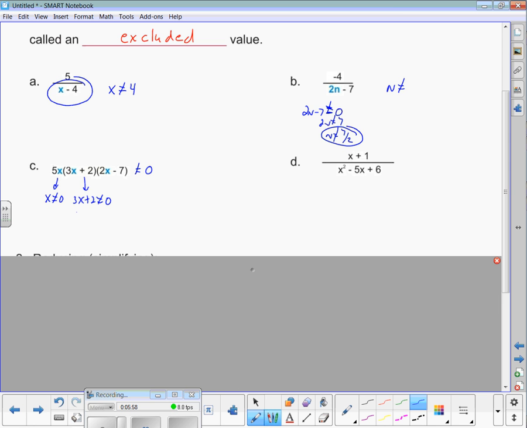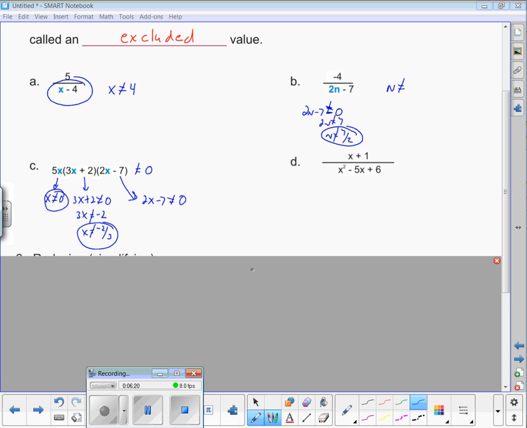Let me finish. Move the 2. 3x cannot equal negative 2. Move the 3. x cannot equal negative 2/3. So first thing x can't be, second thing x can't be. And now let's take our third factor. 2x minus 7 cannot equal 0.